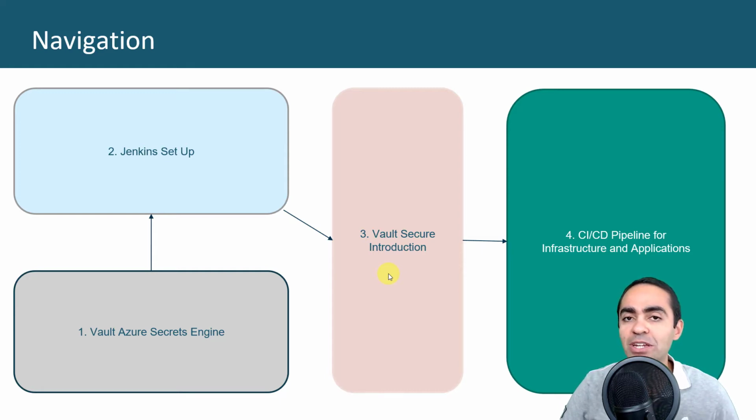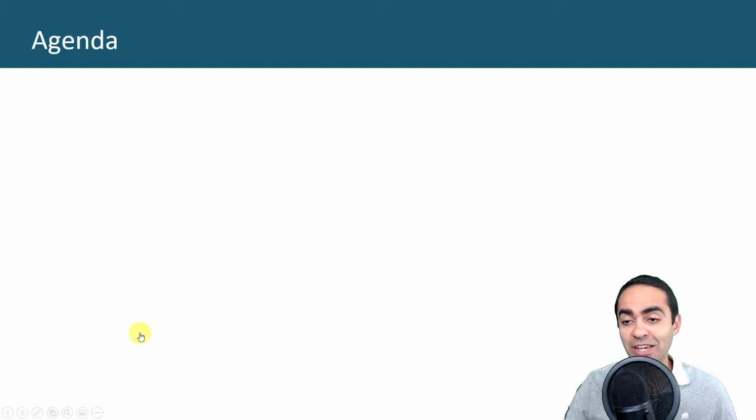Really, what I mean is securing Jenkins and introducing the Vault token into Jenkins in a secure way. So kind of solving the secret zero problem. And then finally, we're going to take a look at how everything comes together, building the CI/CD pipeline I talked about earlier. So let's get going and take a look at the agenda for today.